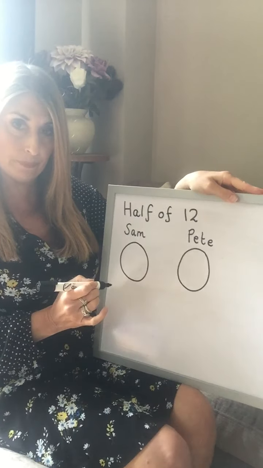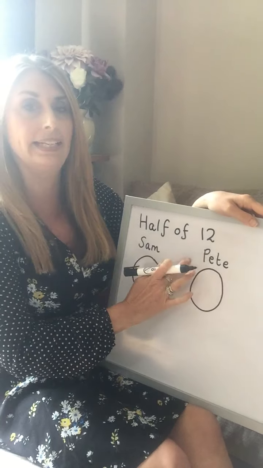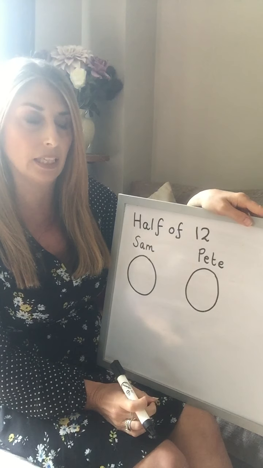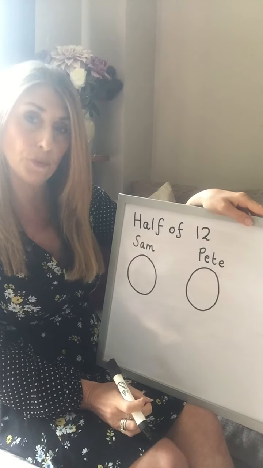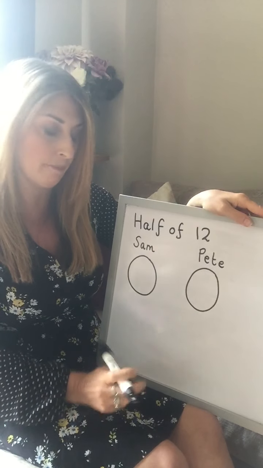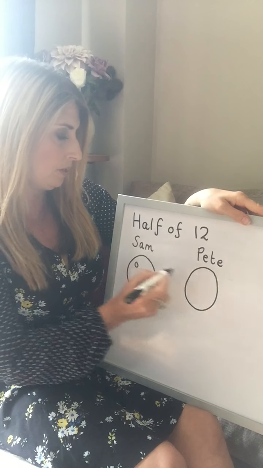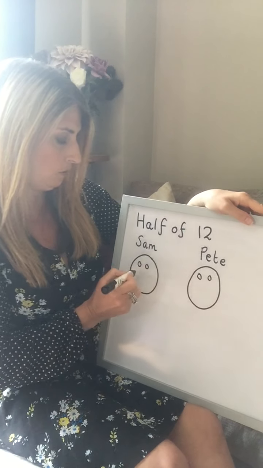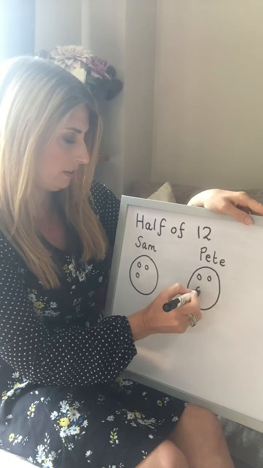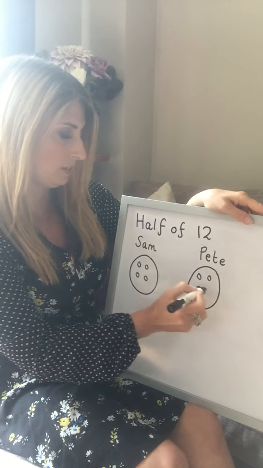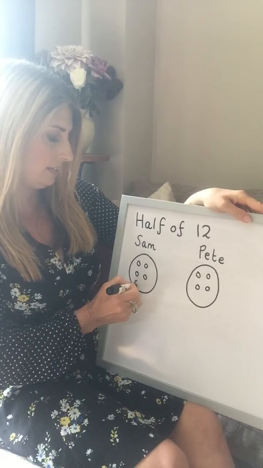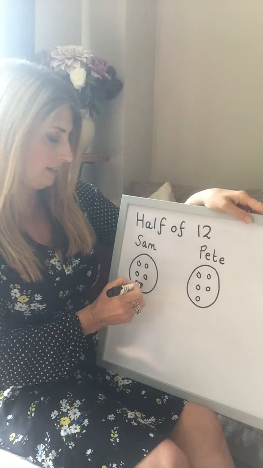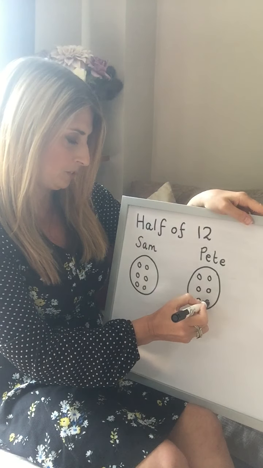Okay, so remember, we need to share them out equally. So you can count with me and do this with me. 1, 2, 3, 4, 5, 6, 7, 8, 9, 10, 11, 12.